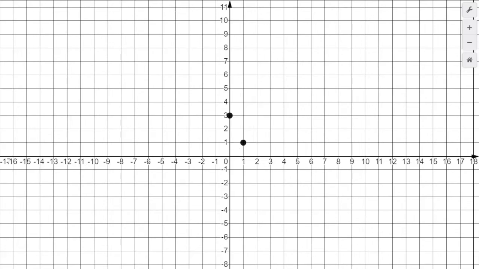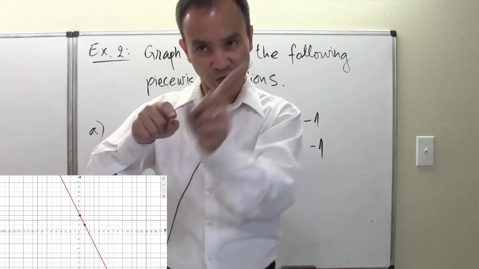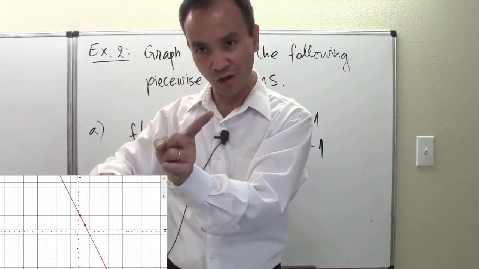Now I'm going to make my sketch right here. If I was using a pencil tip with a straight edge, I would make a graph like that, moving from left to right.